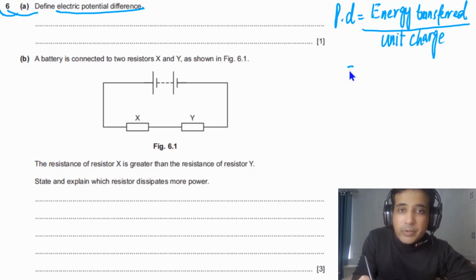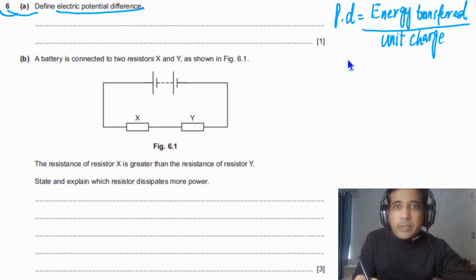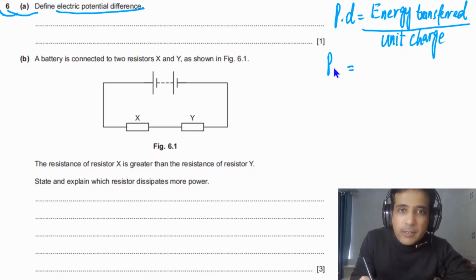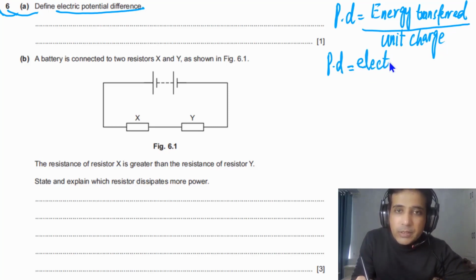The better and more precise way to define electric potential difference is to talk about the forms of energy. We have to write down electrical energy to other forms of energy per unit charge.